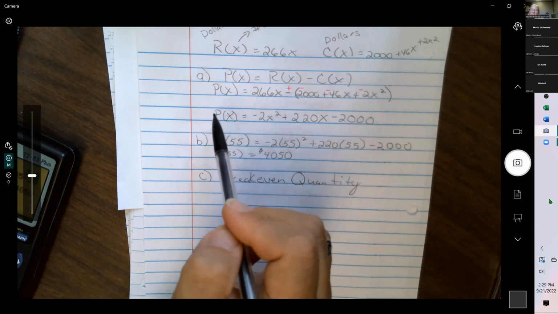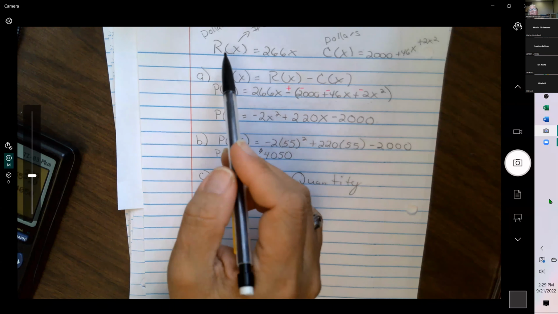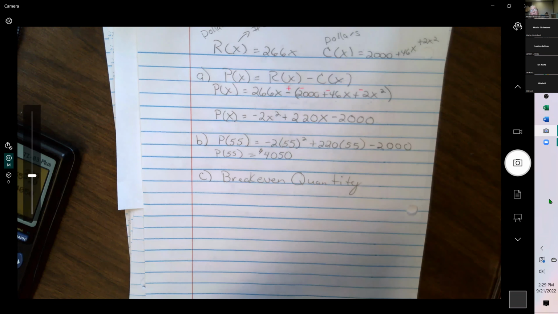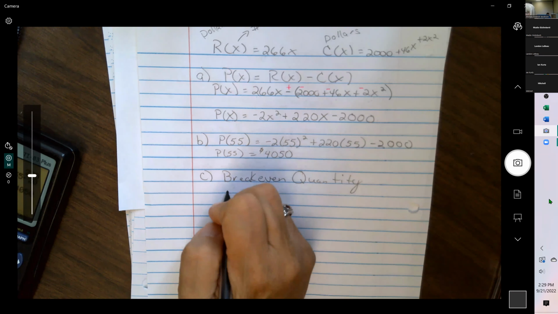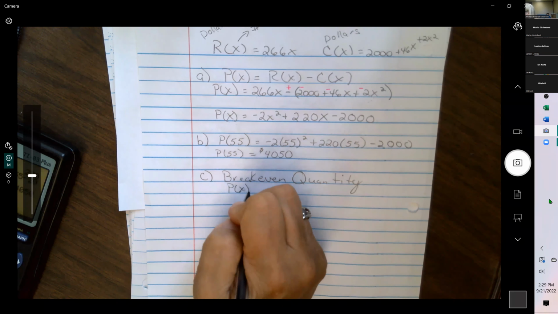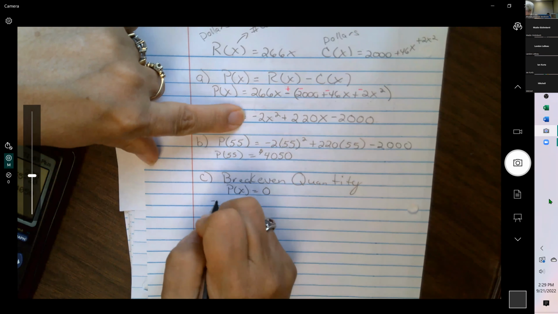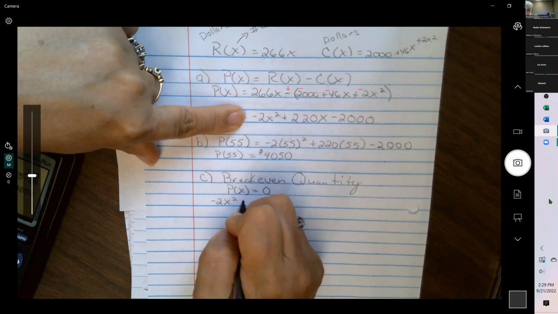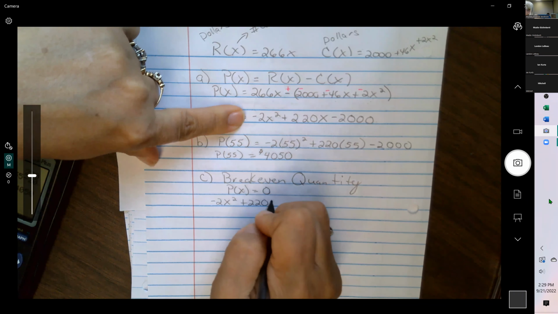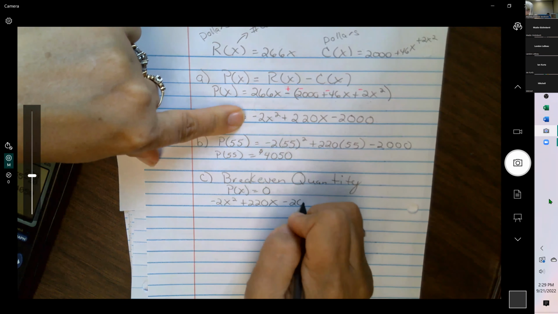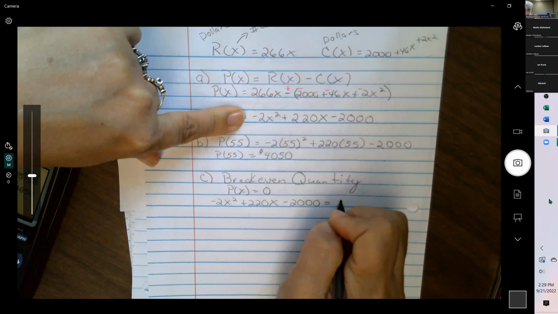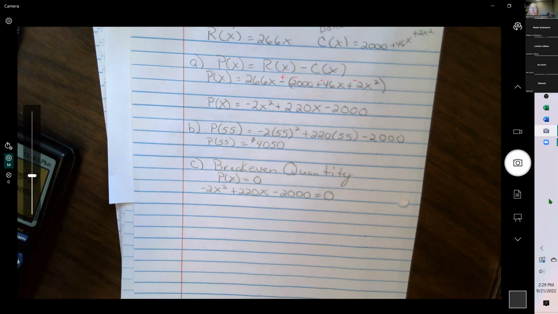But if you didn't find profit, then you could just set revenue equal to cost. So break-even quantity, we're going to let our profit equal 0. And our profit was the -2x squared plus 220x minus 2,000, which equals 0. So we're setting our profit equal to 0.